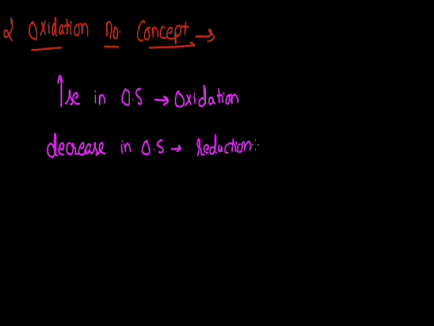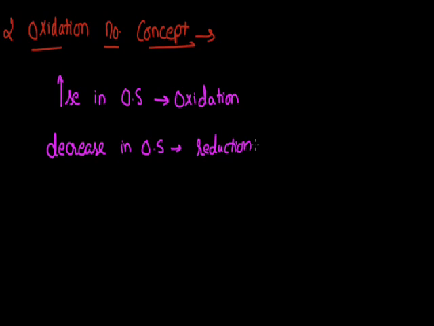So here we can see that to identify oxidation and reduction reactions for those reactions which are quite complex in nature, first of all we have to identify the oxidation state of the element on the reactant side and on the product side. Now, how the oxidation number changes, whether it increases or decreases, on the basis of this we can say whether it is an example of an oxidation reaction or a reduction reaction.